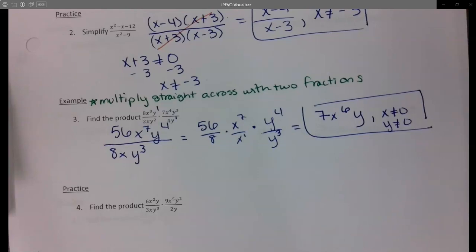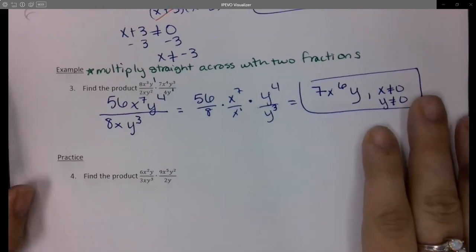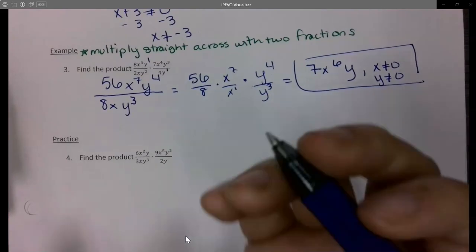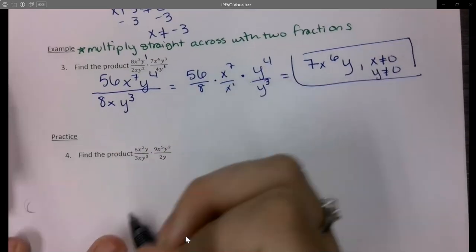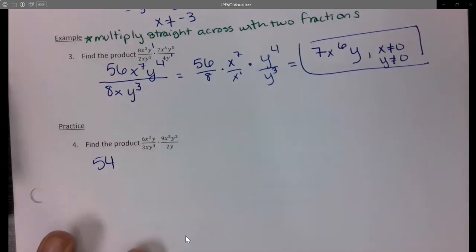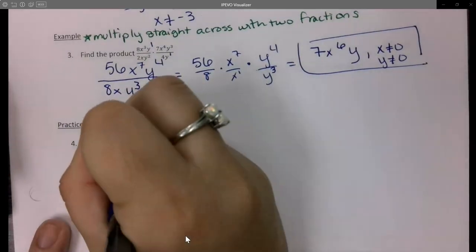Okay. So number 4, what do I want to start off by doing? 6 times 9 gives me what? Add the exponents just for my x's, so 2 plus 5 is. Then my y's.